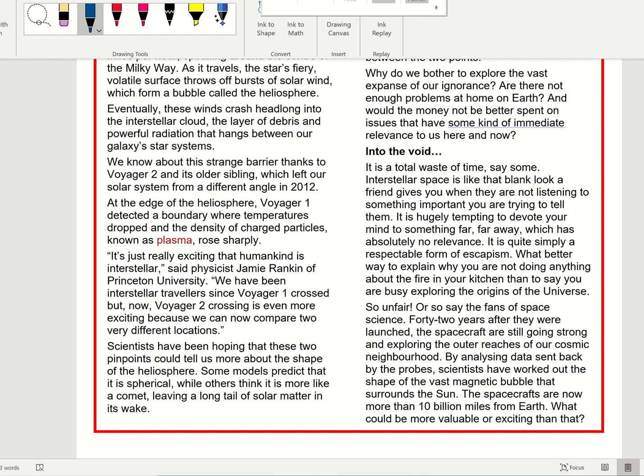We have been interstellar travellers since Voyager 1 crossed, but now Voyager 2 crossing is even more exciting because we can now compare 2 very different locations. Scientists have been hoping that these 2 pinpoints could tell us more about the shape of the heliosphere. Some models predict that it is spherical, whilst others think it is more like a comet, leaving a long tail of solar matter in its wake.